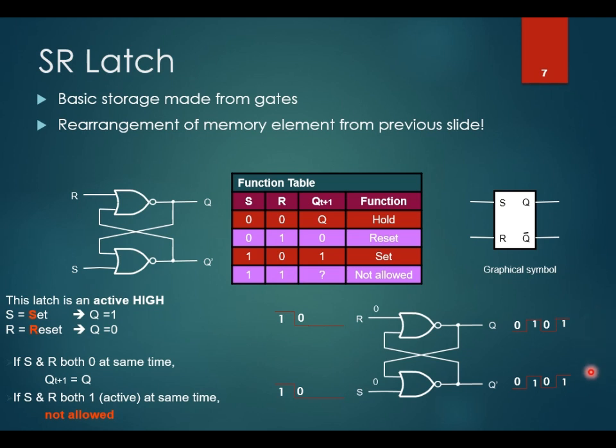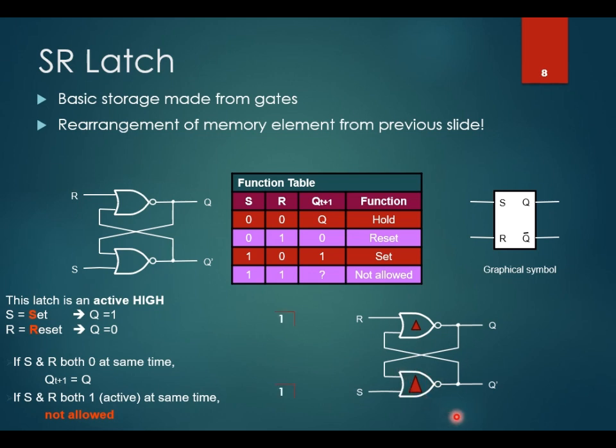So you will see theoretically the race condition will continue forever as long as R is 0 and S is 0. However, luckily in the actual situation, thanks to the process variation of the fabrication of the gates, even though these two gates are the same NOR gates, the delay that this NOR gate has is slightly different from the other NOR gate.